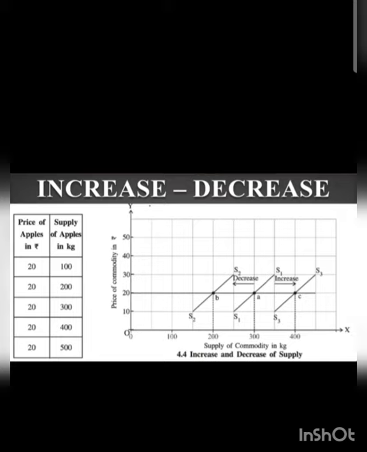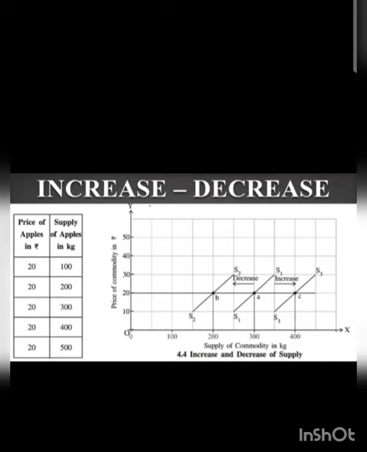So, if the cost of production falls, the price of the factors of production falls, technology improves, suppliers increase, and government policies change in a favorable way, and these are all in favor of the product, then the price of a particular good remains the same, unchanged, constant.